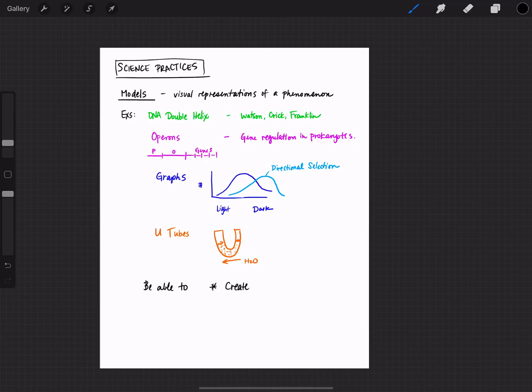For the AP exam, be able to create models. So keep in mind, this could be a graph. This could be a graphic organizer, a flow chart.